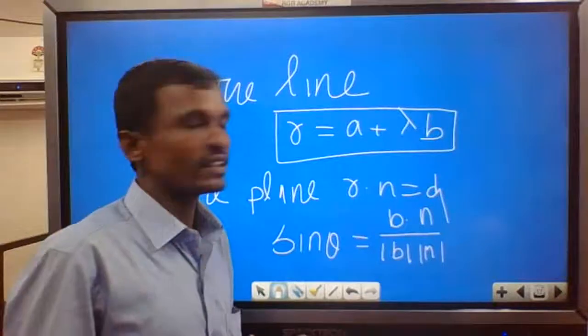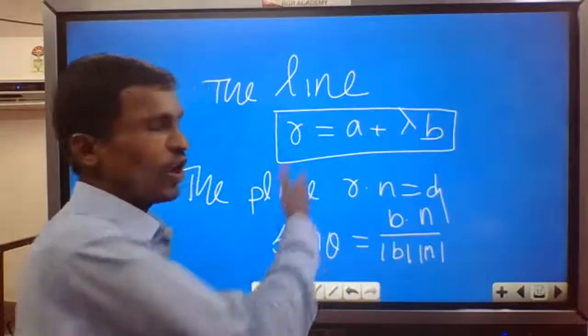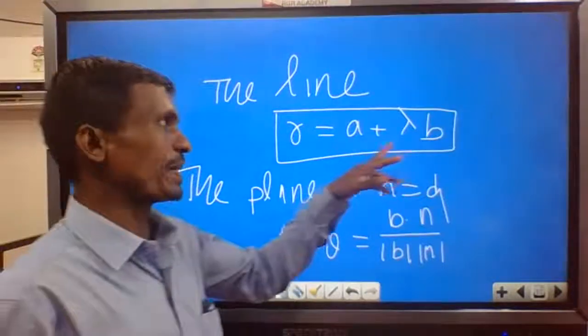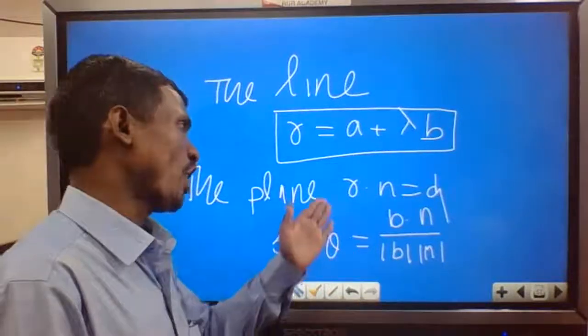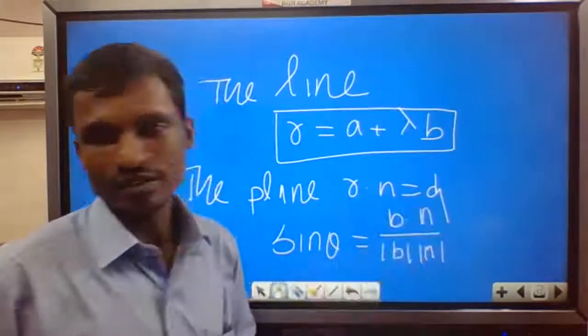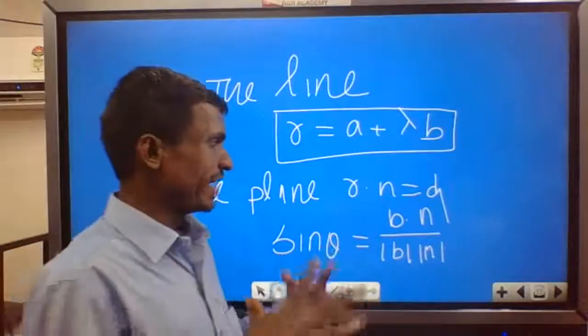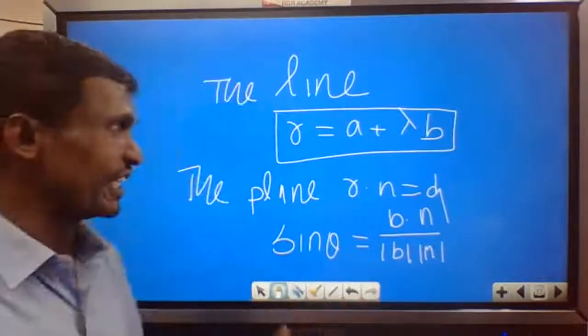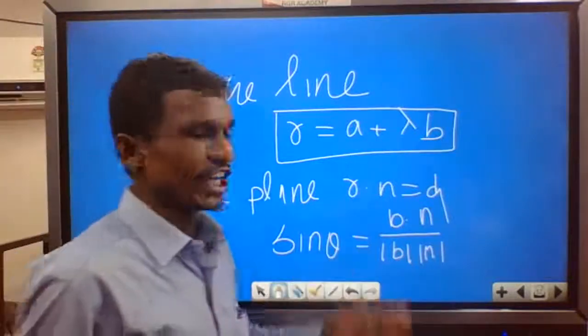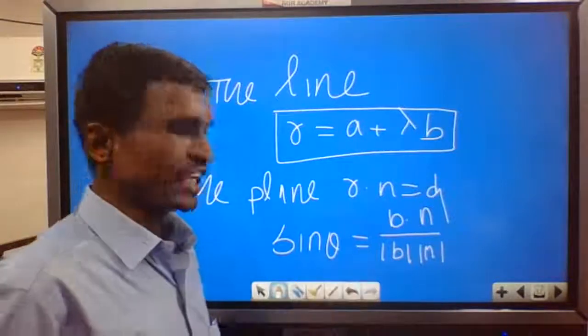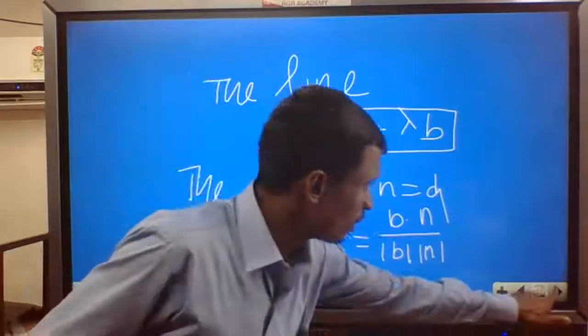We know that the line should be written as r is equal to a plus lambda b. The plane should be written as r dot n equal to d. The angle between the line and plane in this form: sin theta is equivalent to b dot n divided by modulus b into modulus n.